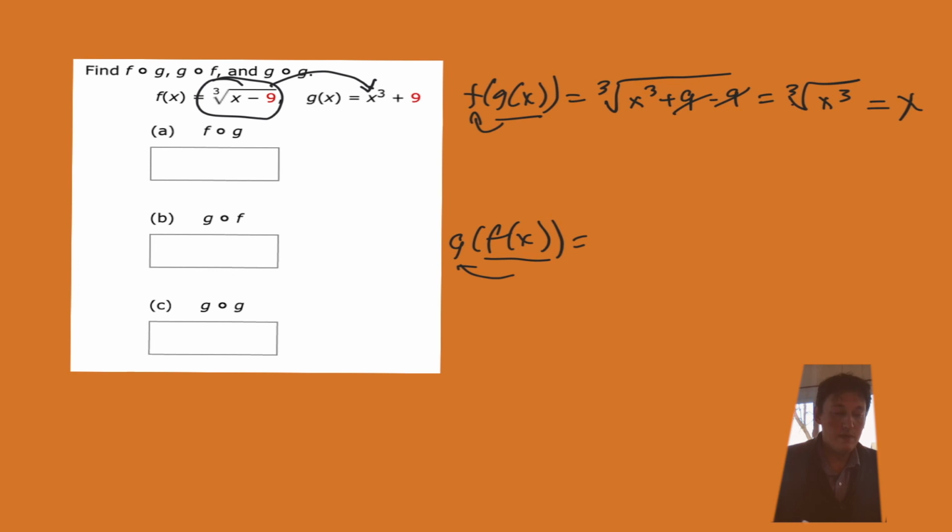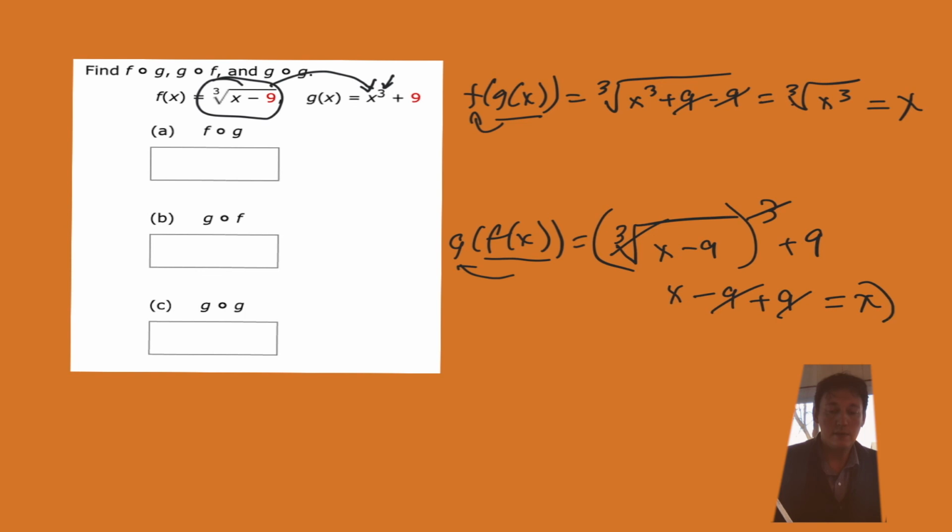So instead of x, I'm going to write cube root of x minus 9. Then I have this cube, which means I'm going to cube this and then add 9 once I simplify. So cube root and cubed power cancel each other out, leaving me with x minus 9 plus 9, which is just x. And that's how you prove two functions are inverses, by the way.